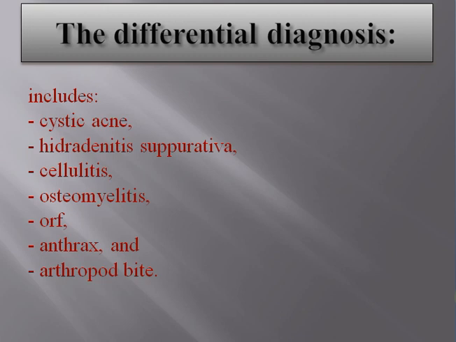ORF is a self-limited viral infection and classically goes through 6 stages: umbilicated, targetoid, weeping nodule, regenerative, papillomatous, and regressive. Additionally, ORF usually occurs in those handling sheep or other farm animals. Cutaneous anthrax typically involves farm animals or bioterrorist exposure, for example, and cutaneous anthrax lesions classically develop an overlying black eschar.